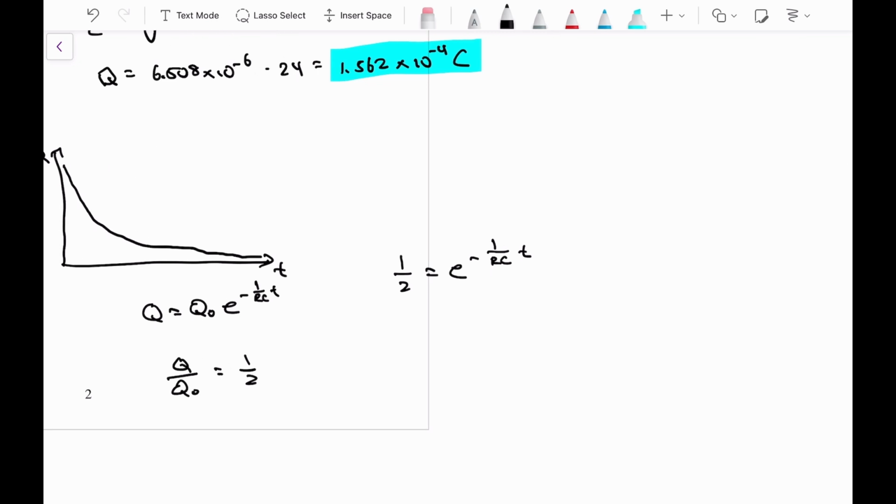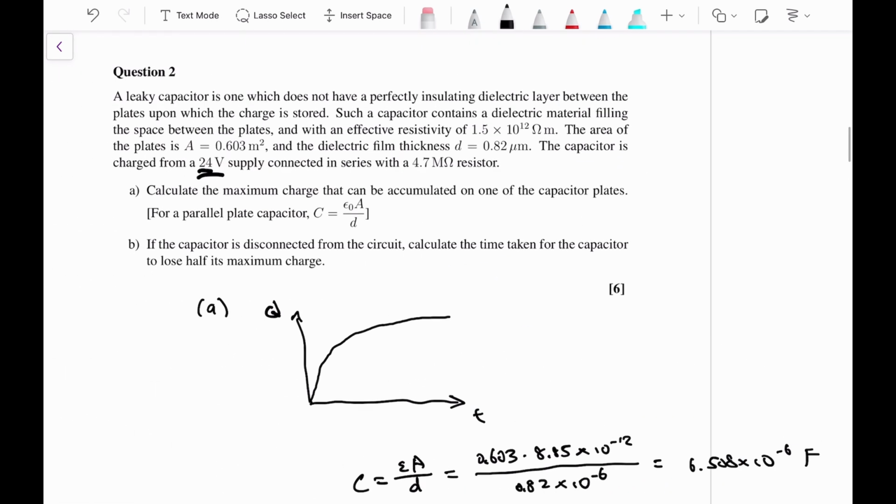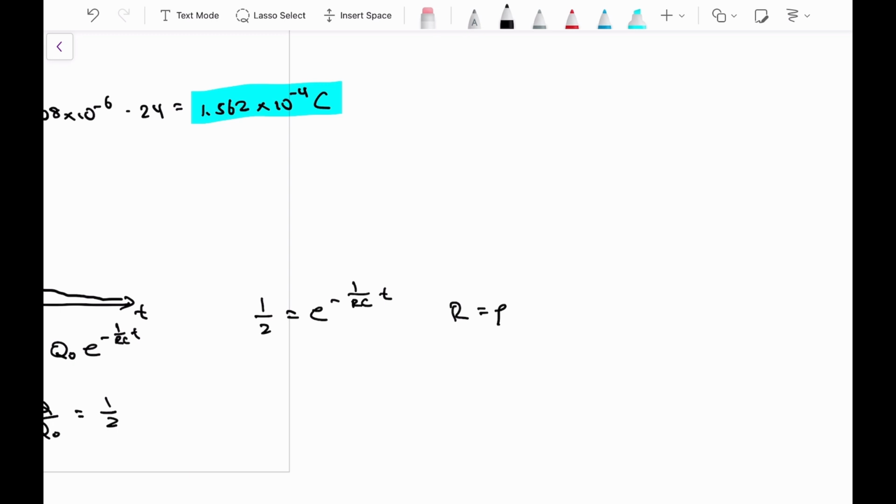There's R, there's C, and what we want to calculate is t. We already calculated C. Now we need to calculate R, the resistance. And what you need to differentiate here is that it is disconnected from the circuit, so the only resistance arises from the dielectric material between the capacitor plates. We are given the resistivity, so from the resistivity we need to calculate the resistance.